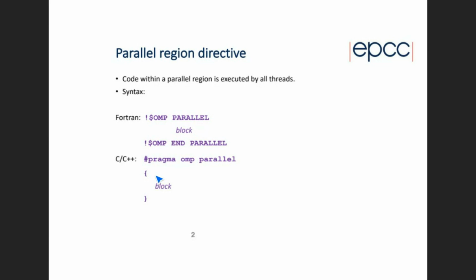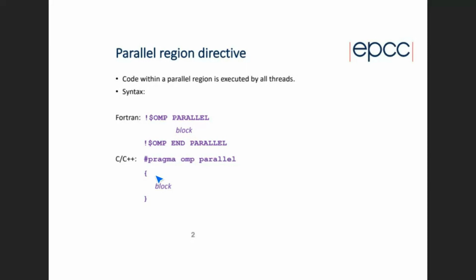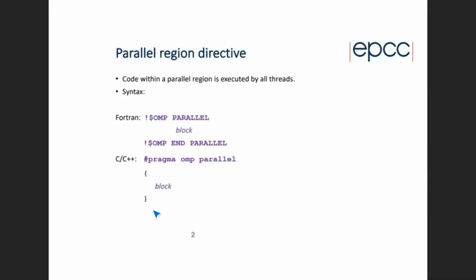It's easy to make a mistake: you decide you have a one-line parallel region, then you want another line of code, and you forget to add the pair of curly braces. You end up with unexpected behavior because the line you added, which you thought was inside the parallel region, actually isn't. So I would encourage you, even if the block of code is only a single line, still to use the curly braces to make it absolutely clear to yourself and anybody else reading the code what the extent of the parallel region is.